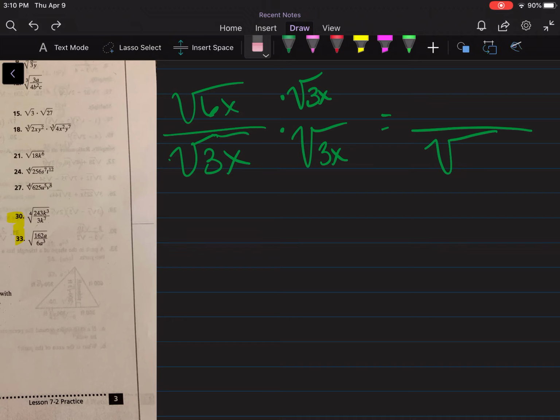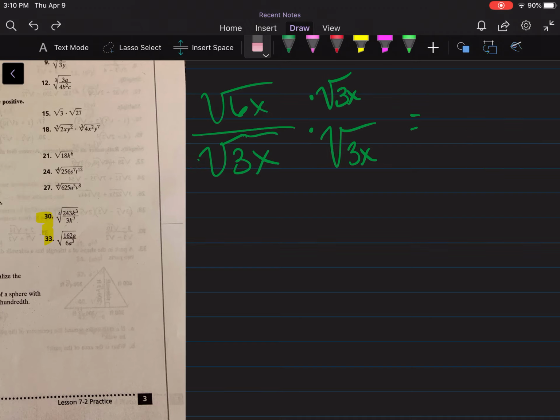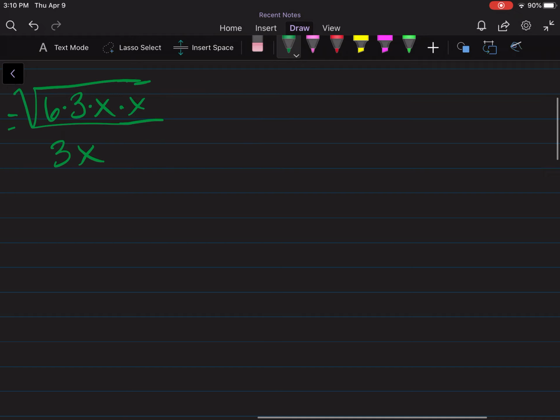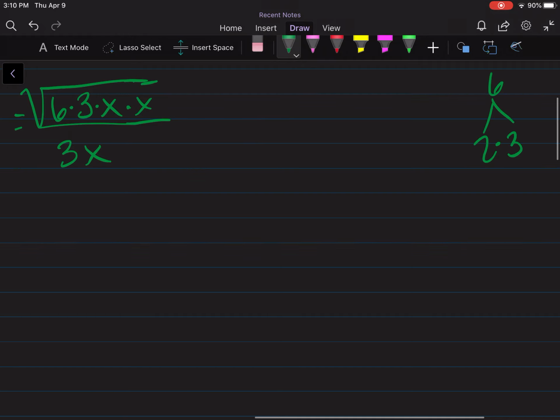just a plain 3x on the bottom. Now at the top, we're going to have square root 6 times 3 times x times x, okay? Now we can break that 6 up to 2 times 3.